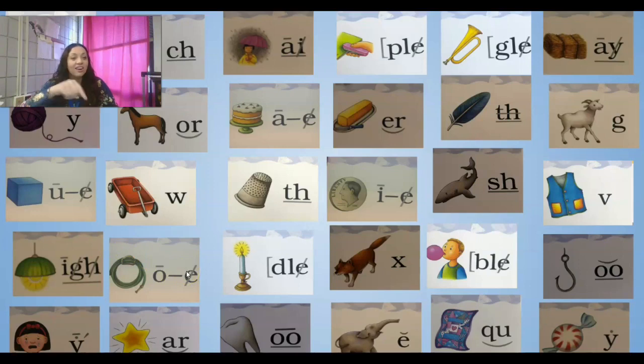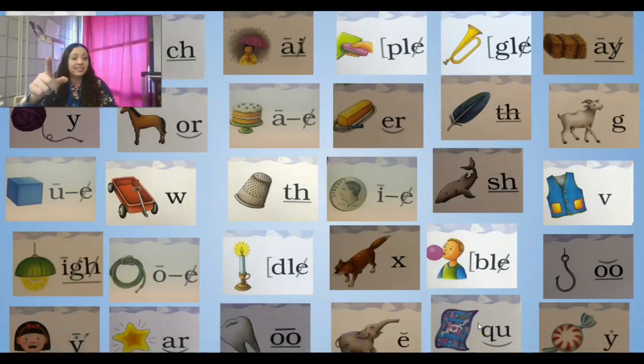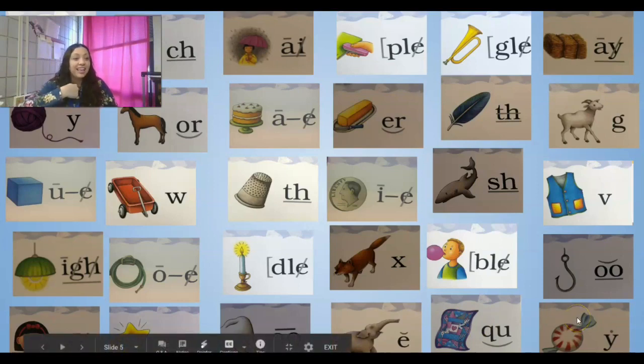Star, R. Combination AR. Tooth, oo. Digraph OO. Elephant, E. Quilt, Qu. Combination QU. Candy, E. Vowel Y, very good.